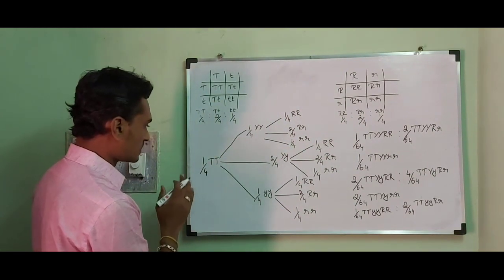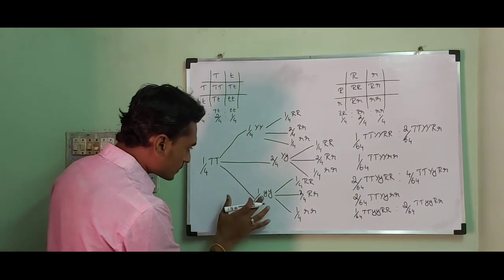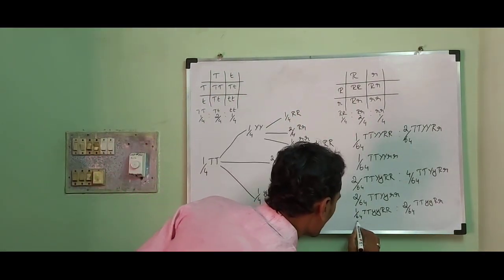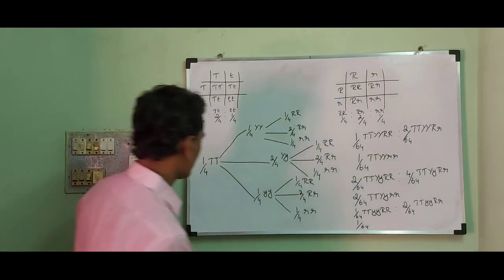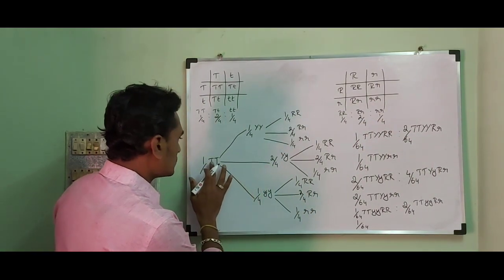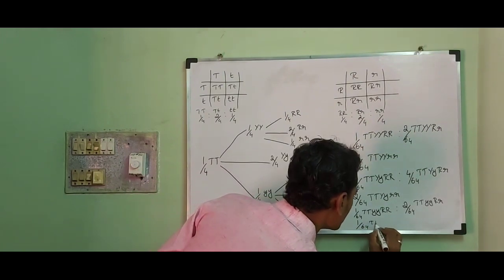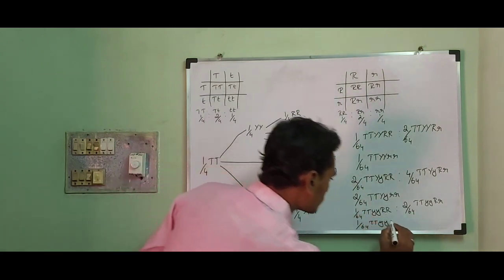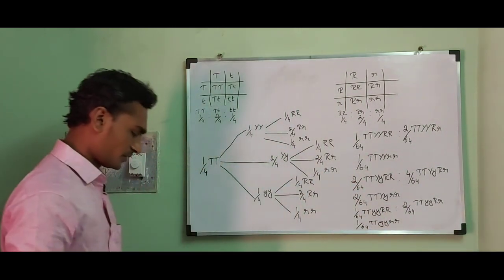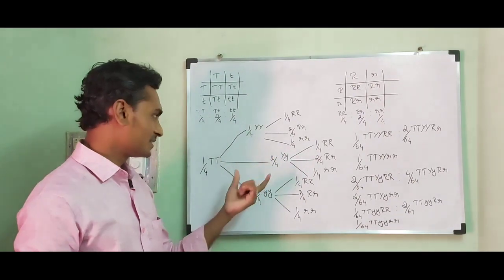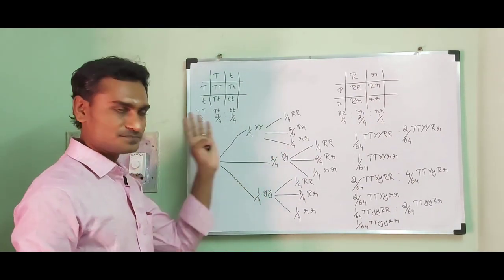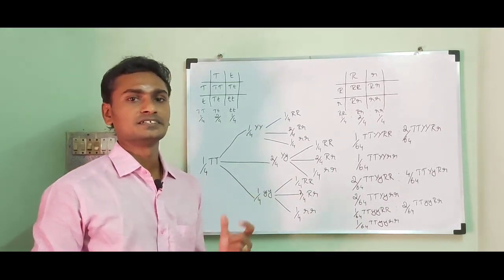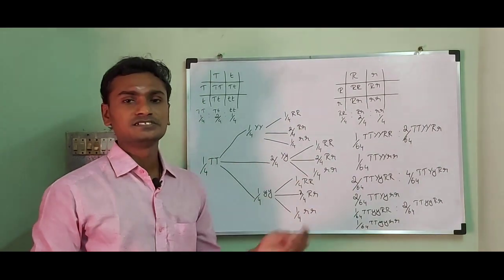Then the last one is capital T, small y, small r. So it results in 1 by 64 capital T small y small r. So we have multiplied all Forkline pathways to get the F2 offspring's probabilities of phenotypic ratio and genotypic ratio.